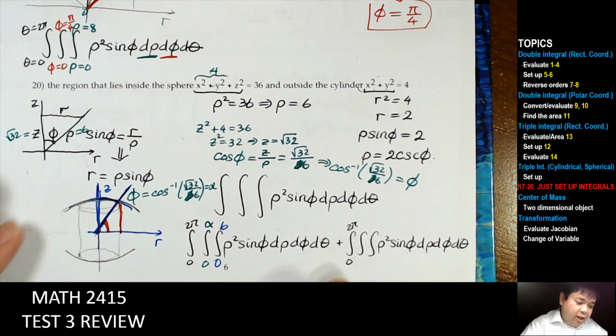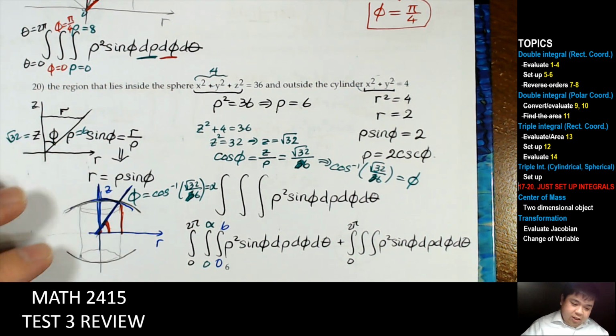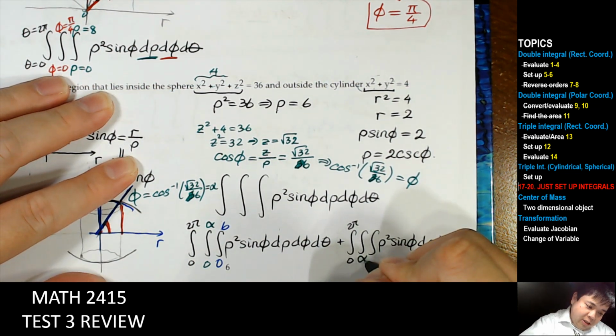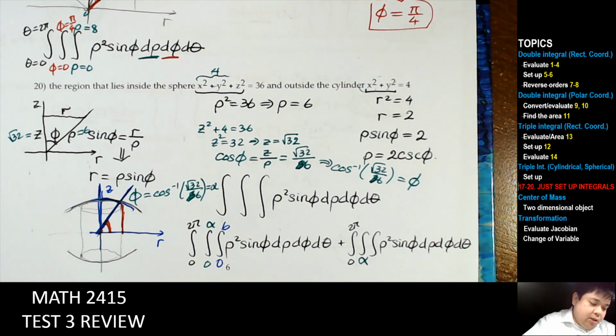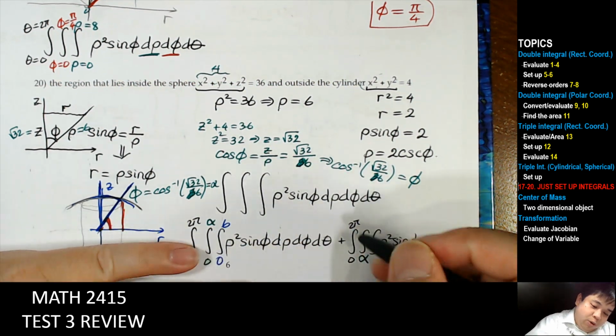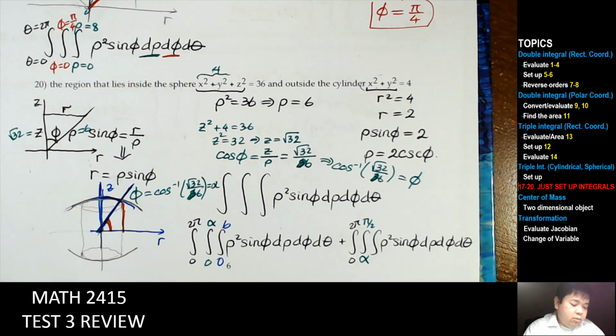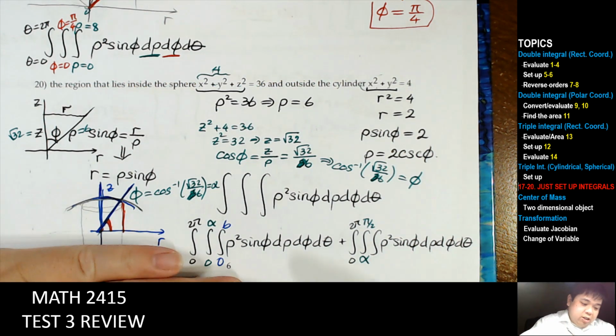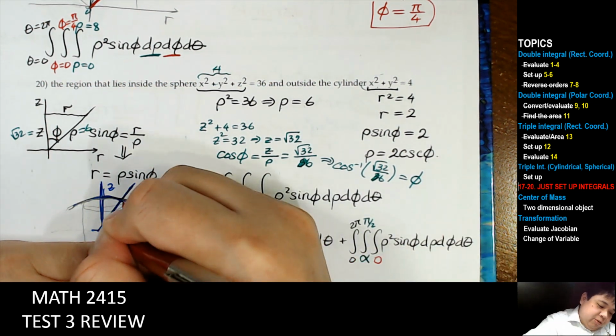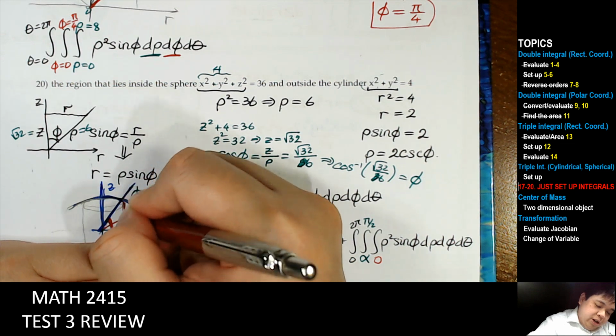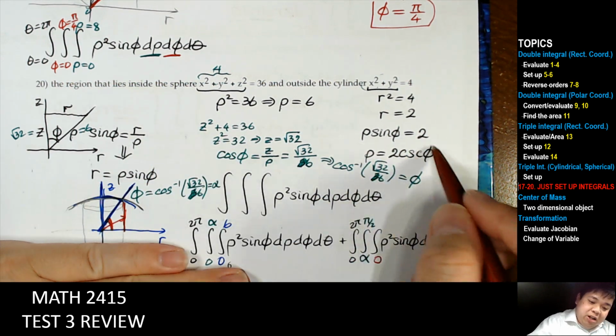Right. For this one, if we go from alpha to pi over 2, we will talk about from 0 to the edge of the cylinder given by this equation.